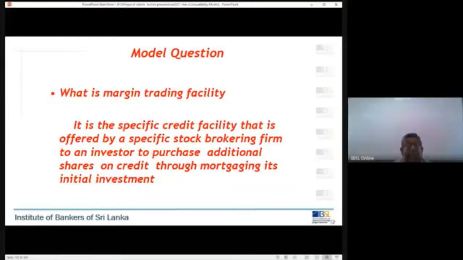It is an intermediary function, because they give me money only to buy the stock. If organizations give me money to buy the stock, it's called a margin trading facility. I hope you have already written this down. Clear? Understood? I need some feedback from you.